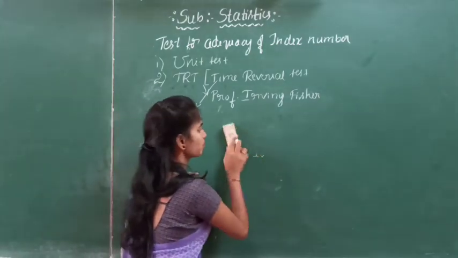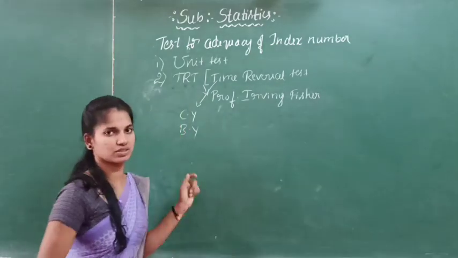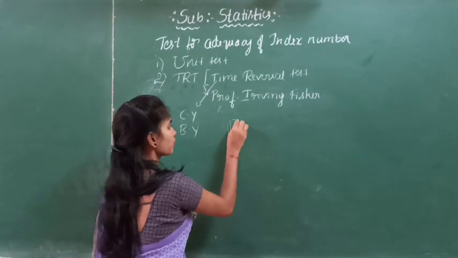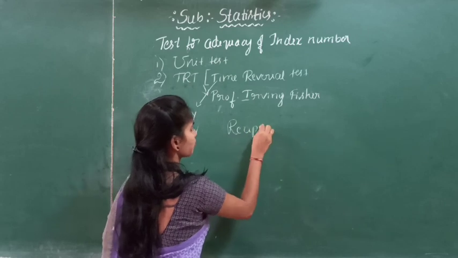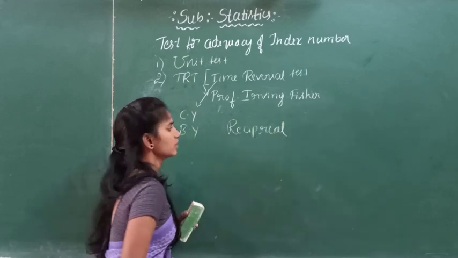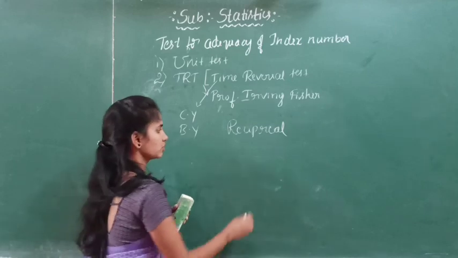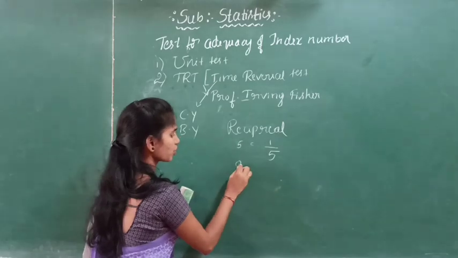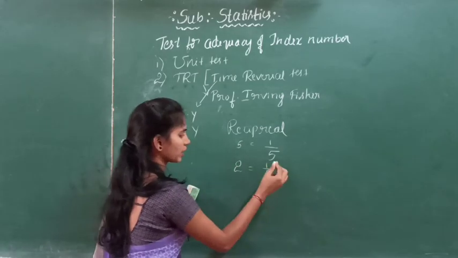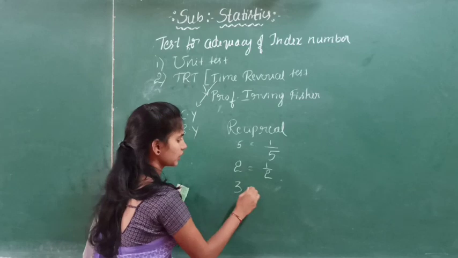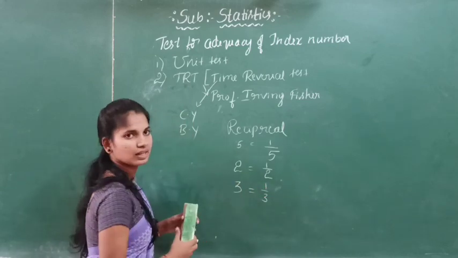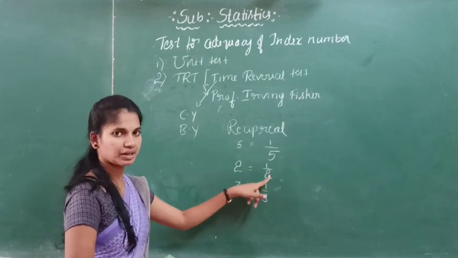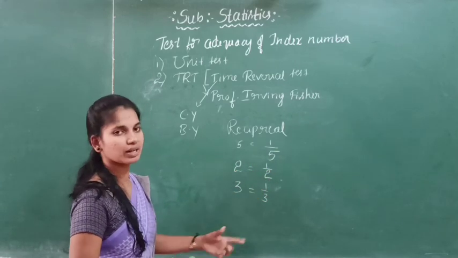Then the time reversal test is the reciprocal of the earlier. The reciprocal of 5 is considered as 1 divided by 5, the reciprocal of 2 is 1 divided by 2, and the reciprocal of 3 is 1 divided by 3.